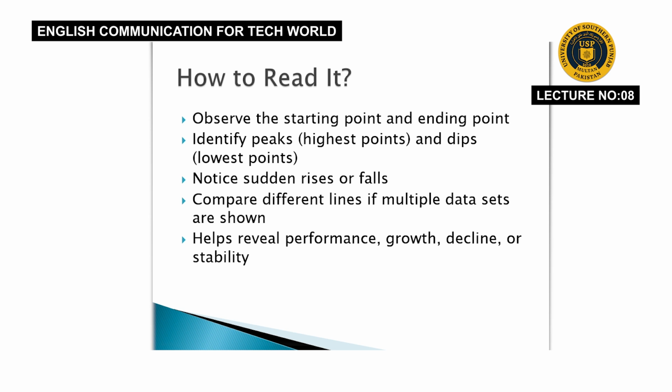If the graph shows multiple lines, compare them. Which one is above? Which one is below? This comparison tells you which category performed better. Line graphs reveal performance, growth, decline, or stability at a glance, which is why they are extremely valuable in technical communication.